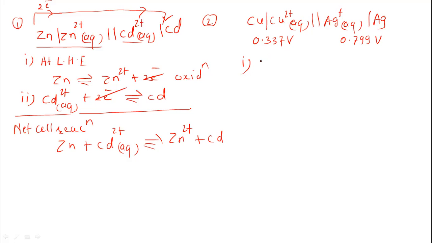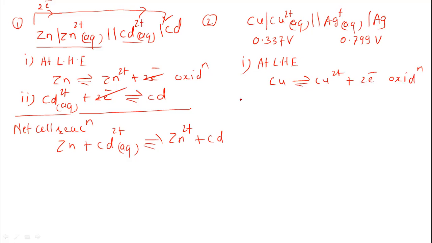At the left hand side electrode, oxidation takes place, so copper gets oxidized here. Copper gives copper 2 plus ion, and 2 electrons are released. This is the oxidation reaction, loss of electrons.